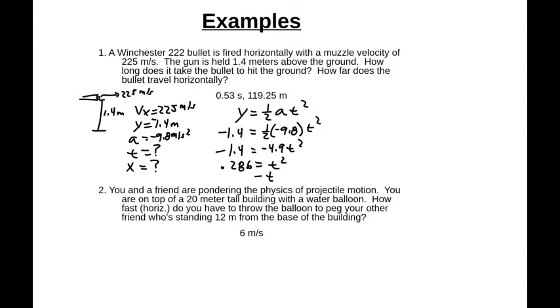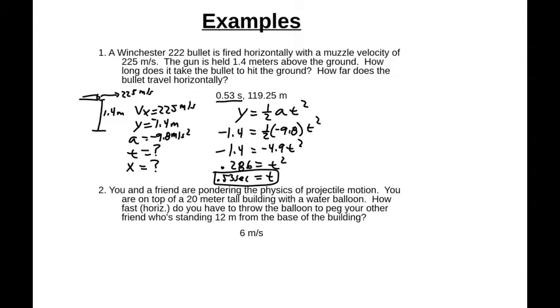Take the square root of that. Let's see, I got to find the square root button here. Oh, there it is. The square root of 0.286 is 0.53. So notice I gave you the answer, of course, just to help you, but you can always check your work there. 0.53.